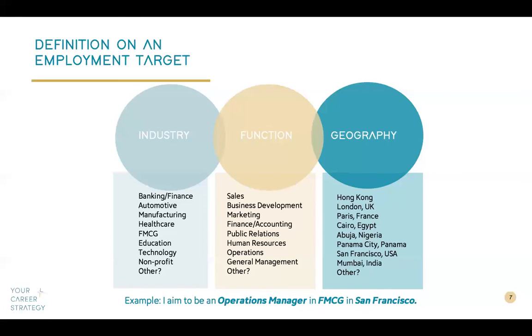The third benefit, and then I'll wrap up the benefits, is that, as many of you have mentioned, I think we all know that networking is important when we're managing our careers and our job searches. But when we have clear employment targets, it allows us to be more strategic about how and when and with whom we choose to network. We no longer will just go off to random networking events.